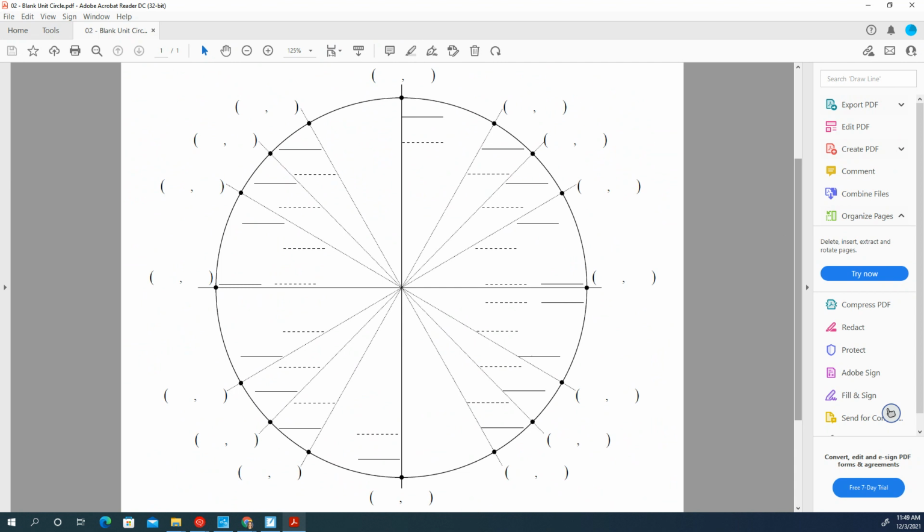So the directions say, practice filling in this unit circle until you complete it in 5 minutes. Okay, we're gonna start with this. It says place the degree measure of each angle in the dashed blanks inside the circle and the radian measures of each in the solid blanks inside the circle. So we have these special patterns with 45, 45, 90 triangles and 30, 60, 90.